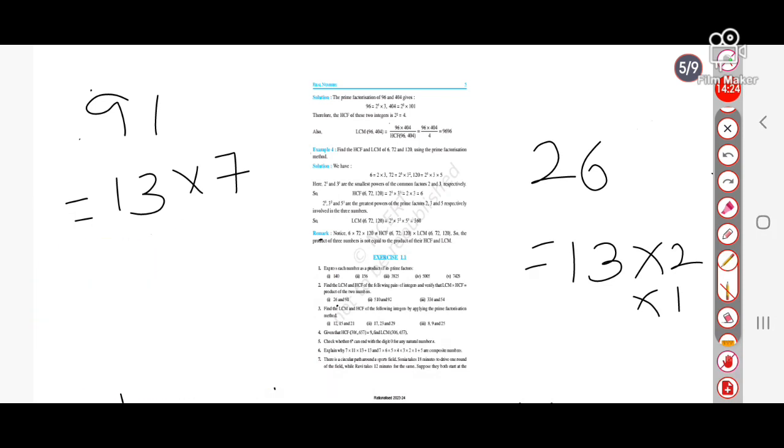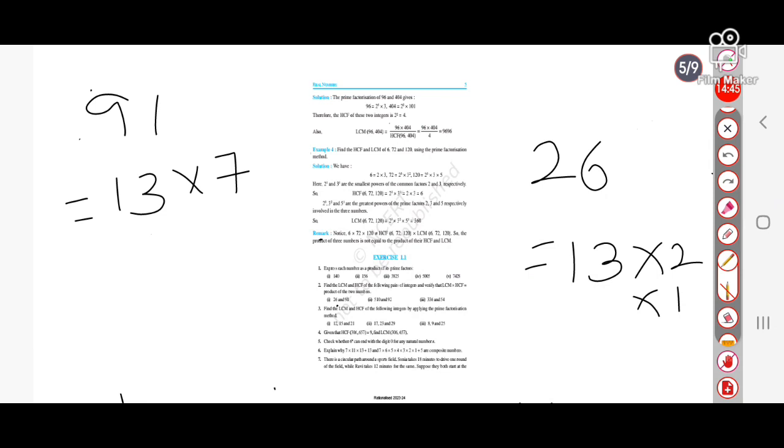Now we need to find the LCM of 26 and 91 by the same method.